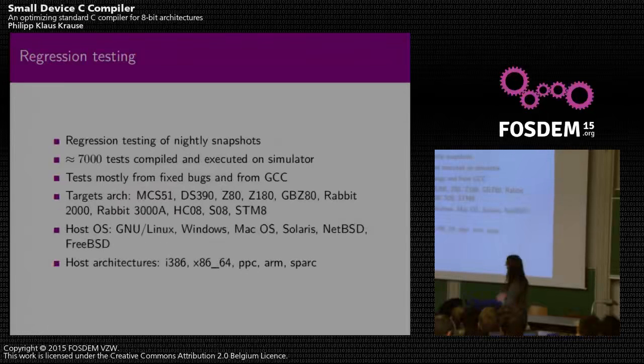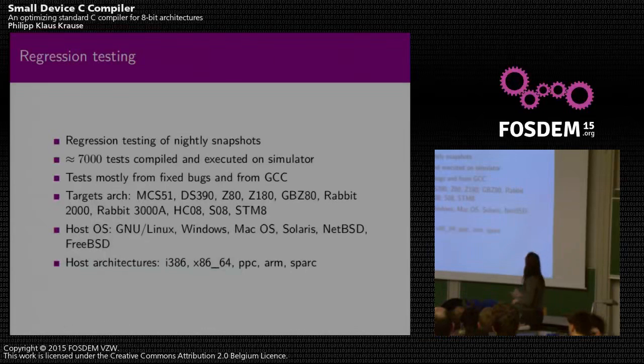We also do regression testing to ensure that we have a good quality compiler and we don't have too many bugs. Every night, a snapshot from the Subversion is compiled for various host architectures. We compile about 7,000 regression tests and execute them on simulators. The tests come from different sources.